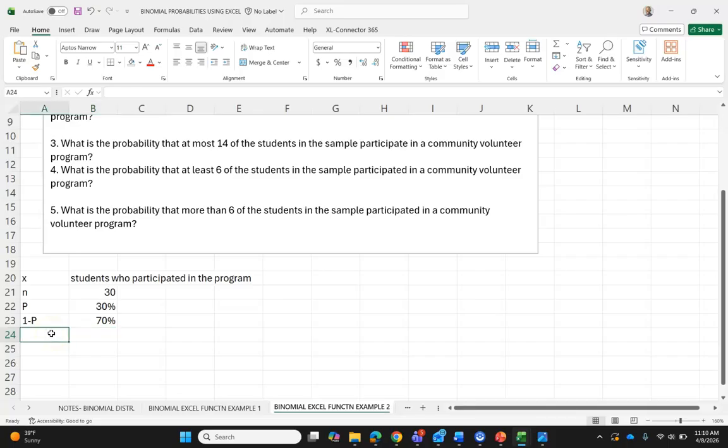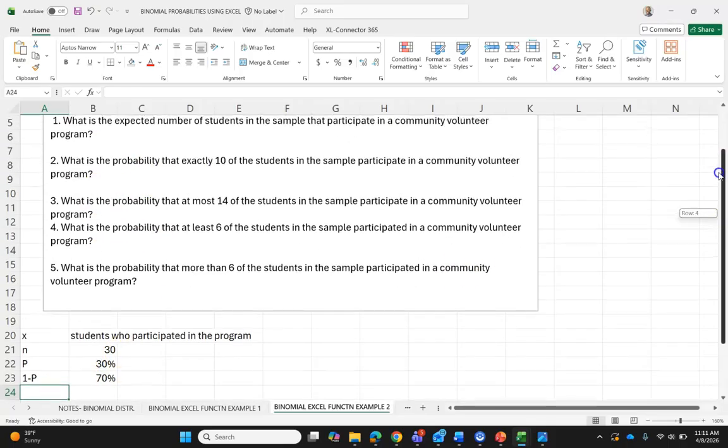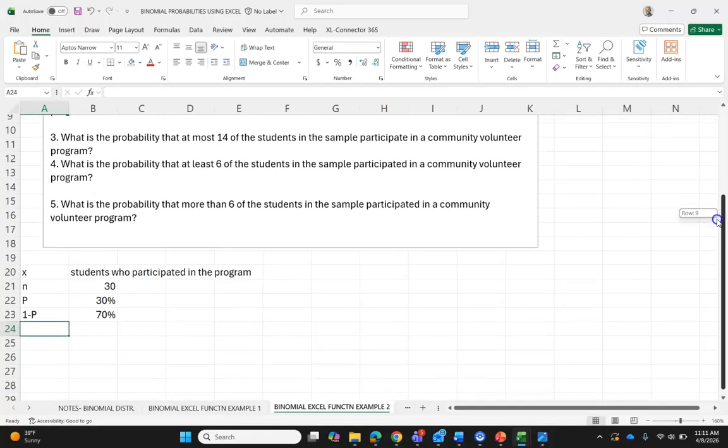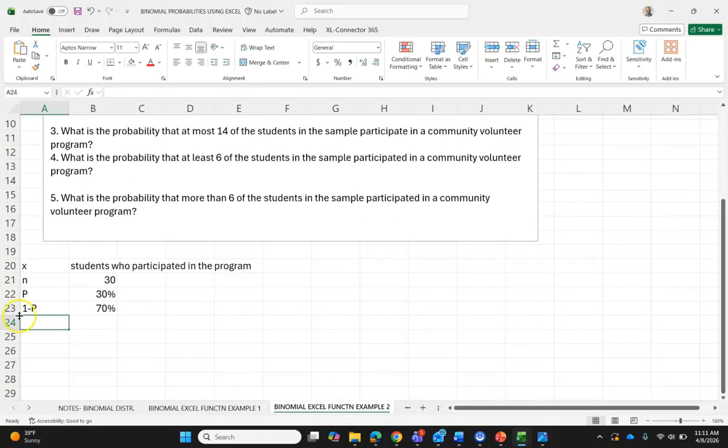Now we need one more piece of information. We have N, we have P, and we have X. So whatever other information we need will depend on the questions which we have. So let's go with the first question. We are looking at the expected value.